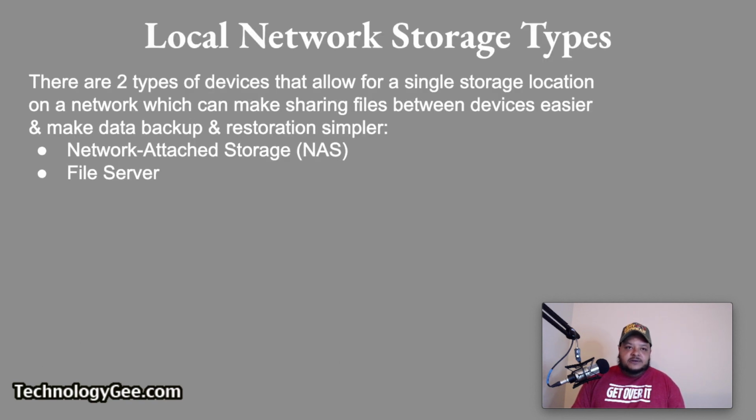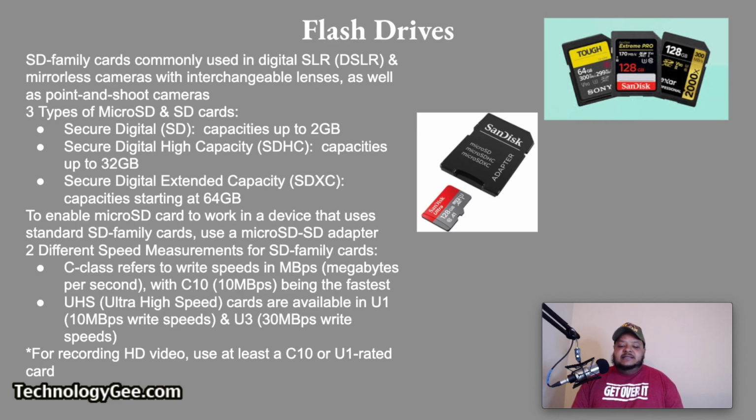Let me make sure I got my slides right. Okay. SD family cards use 2 different speed measurements. C-class refers to write speed in megabytes per second, with C10, which is 10 megabytes per second, being the fastest. UHS, which stands for ultra high speed, cards are available in U1, which is 10 megabytes per second write speed, and U3, which is 30 megabytes per second write speed.